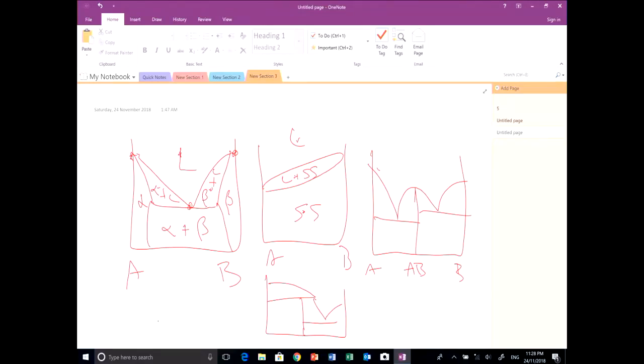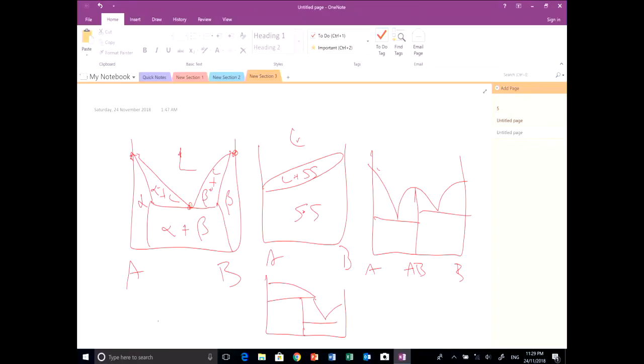And what do we call that? We also call it incongruent melting. Okay, it melts incongruently. It doesn't go from a solid to a liquid of the same composition. It goes from a solid to a solid and a liquid of different compositions. That's incongruent melting. It's also peritectic decomposition.